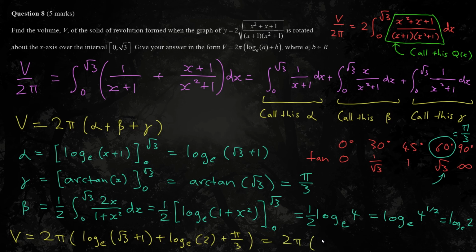So the sum of two logs is just the log of the products. And so using that, we can put a 2 out here. Okay, we'll keep the pi over 3 at the end. And there's our answer. And so that's how you find the volume V of the solid of revolution formed by this graph between these two endpoints.